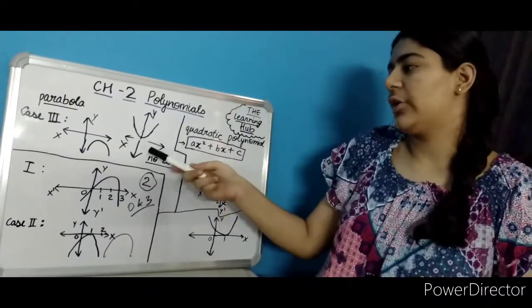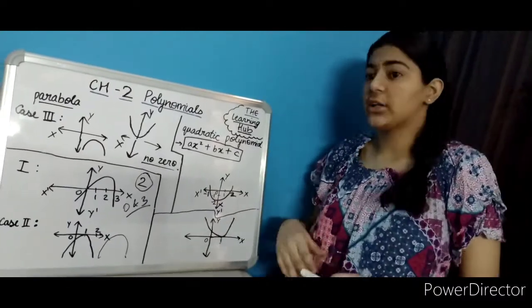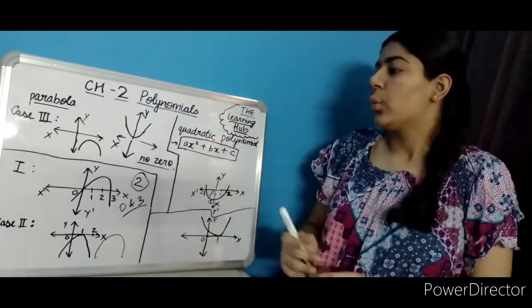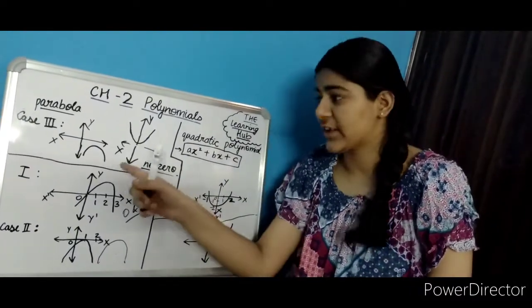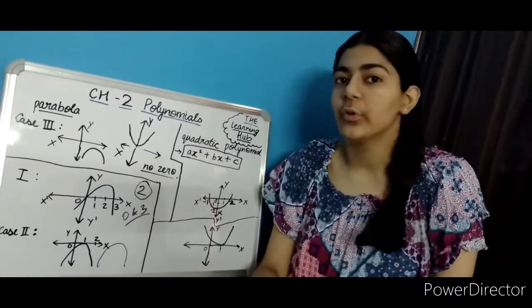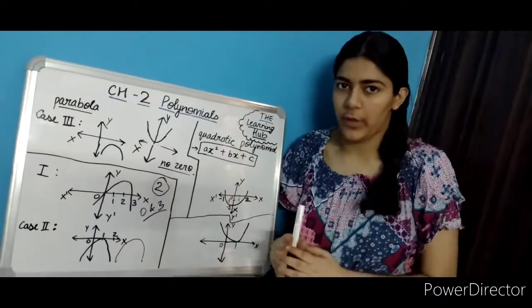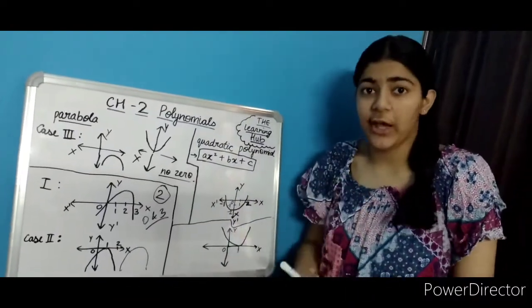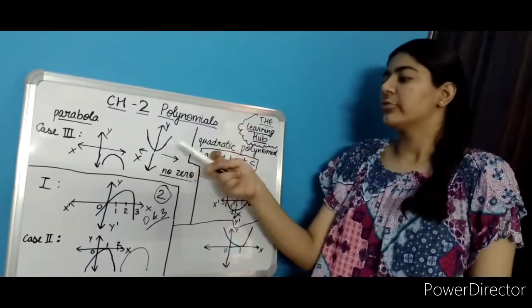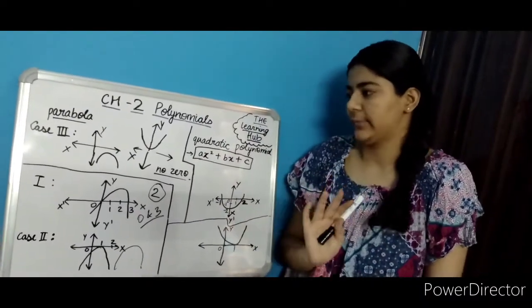If a question comes in your exam like this, asking what the zeros are, it would be like this. Will there be any zero in this graph? So we'll say no. There would be no zero in this polynomial, because the graph does not intersect the x-axis at any point.